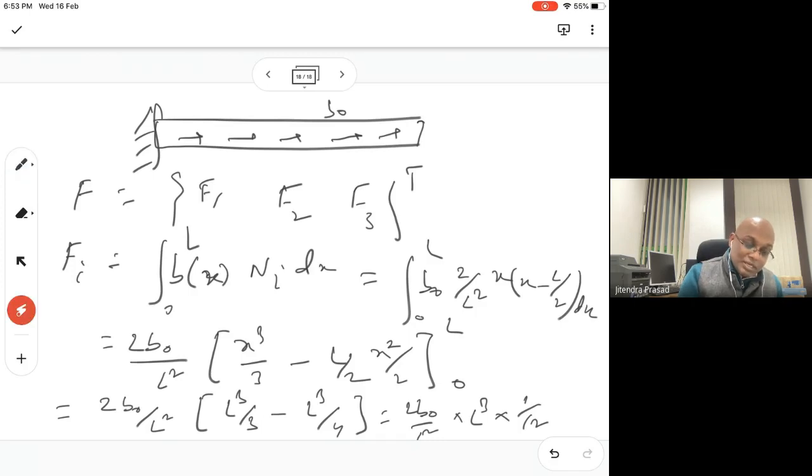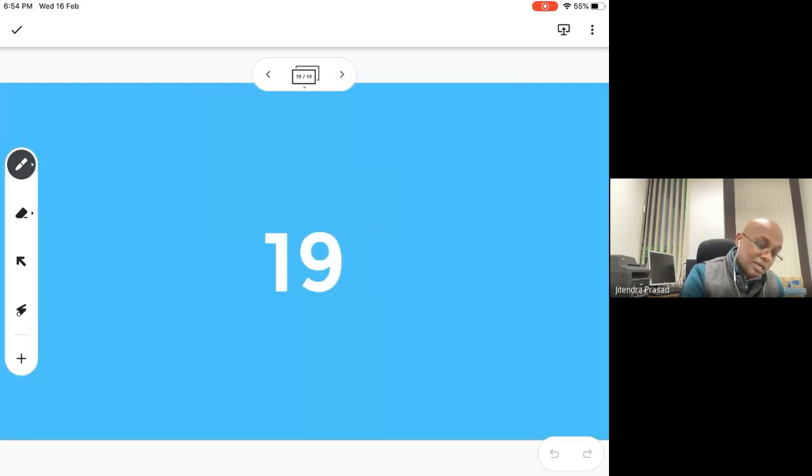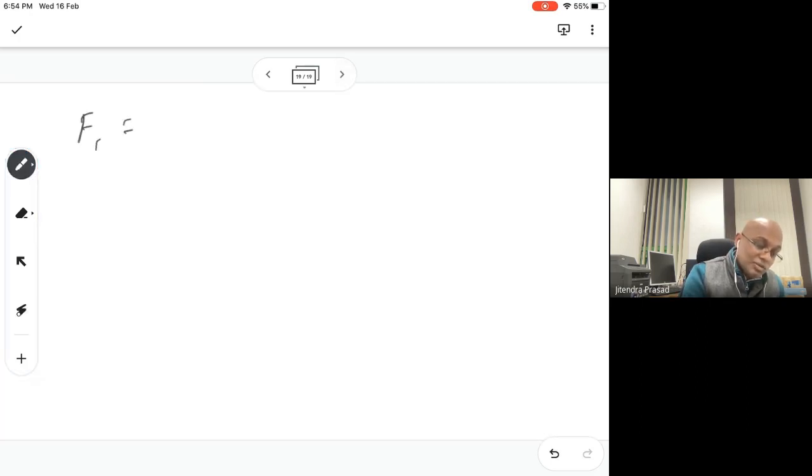So what we get? You get 2 here and 12 here, so 2 over 12 is 1 over 6. L square here, L cube here. So B naught L over 6. What we get? F1 equal to B naught L over 6.